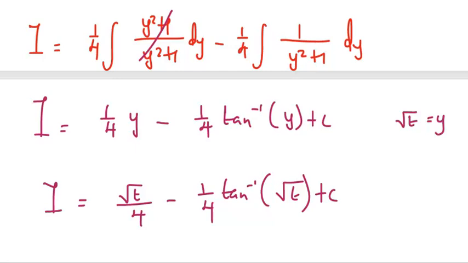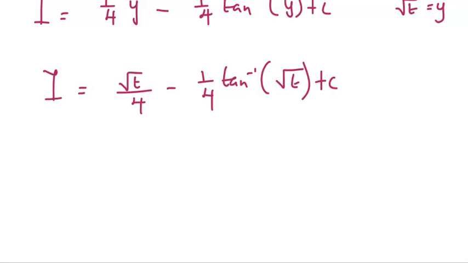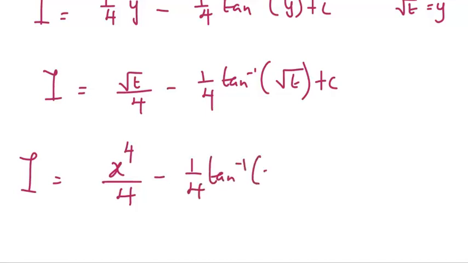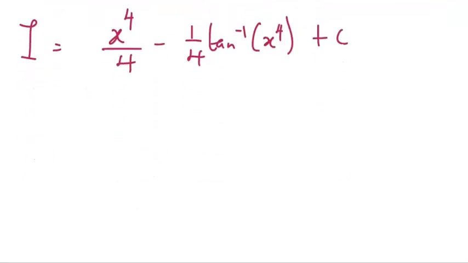Again, what is square root of t? Remember, square root of t is equal to x to the power of 4, and boom, we have our solution. That will give us x to the power of 4 divided by 4 minus 1 over 4 the inverse tangent of x raised to the power of 4, and then plus c. Oh my God, this is one of the most beautiful integrals I've ever met, okay?